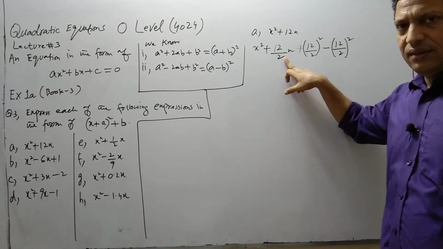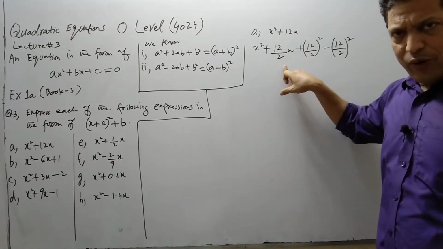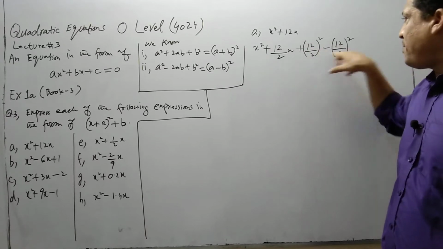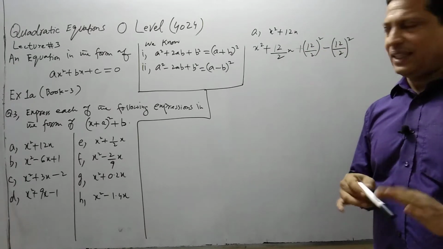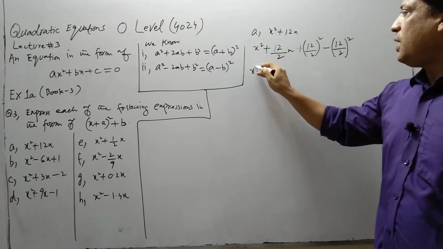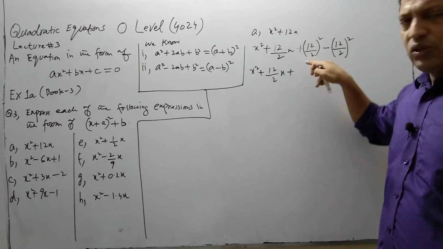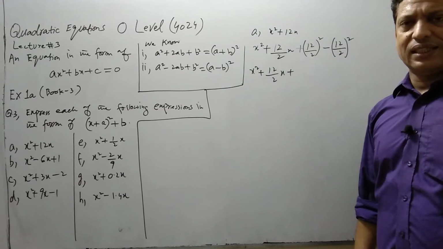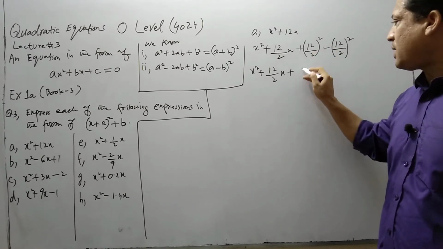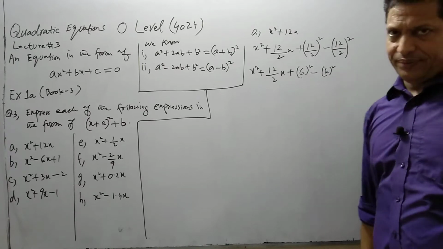Whatever we get after dividing by 2, like in this case we get 12 upon 2, we have to add (12 upon 2) square and minus (12 upon 2) square. That's it. Now the next step is, if this 12 upon 2 or something else is divided directly, like 12 upon 2 is 6, we have to write 6.